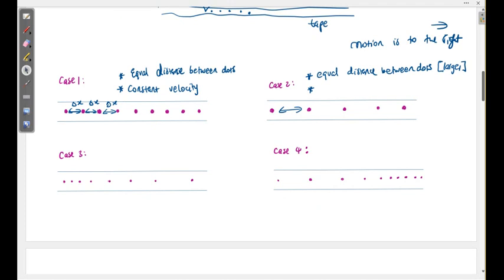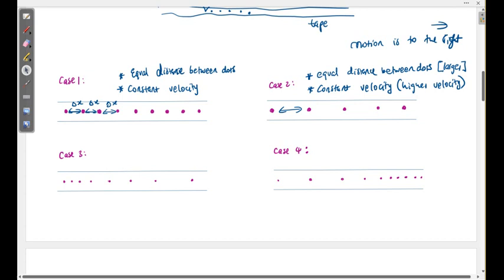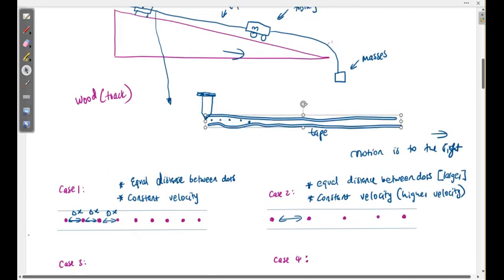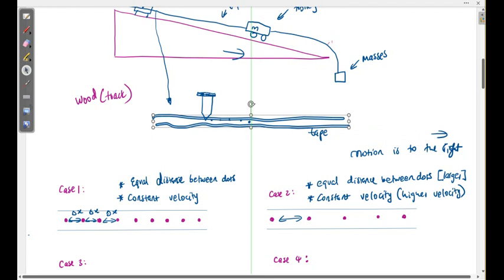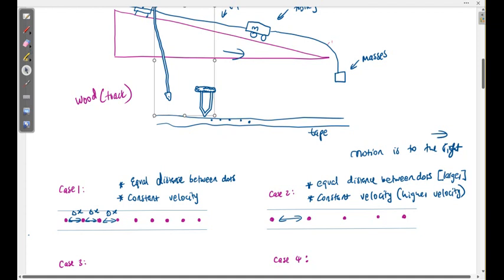Oh, it's actually the velocity is constant, right? It's constant. However, it's a larger velocity. Okay. However, it's a higher velocity. Right. It's a much higher velocity. Why is it a much higher velocity? Well, you must understand this. The tape is moving that side, and as it is moving that side, this thing is making some vibrations like this.